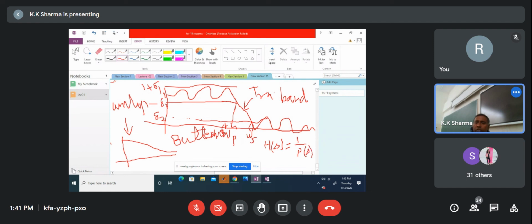So it is an all pole filter, no zeros. This Butterworth filter is completely specified by poles alone. Of course, in general, any filter will require some zero specifications and pole specifications. But this particular filter only requires poles to be specified because all zeros will be located at infinity.